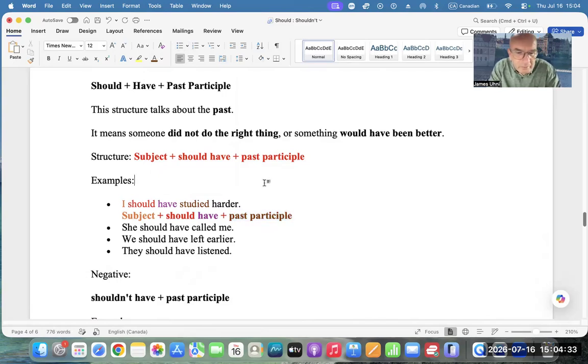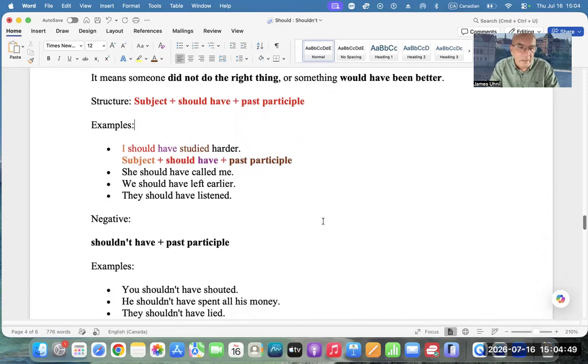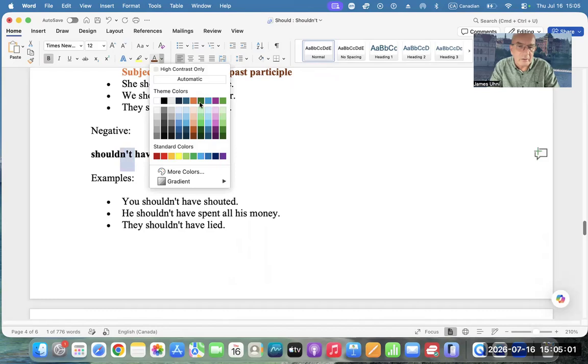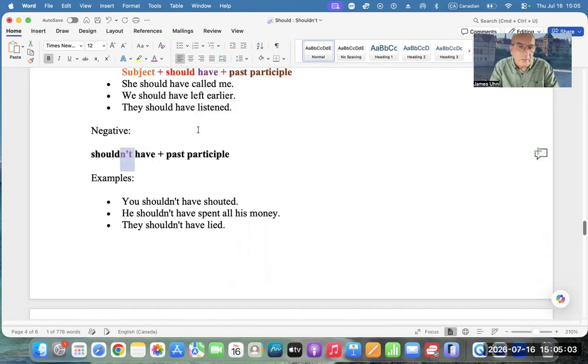Harder is object. All right? So this is when it comes to should have plus past participle. In negative forms, we have shouldn't have plus past participle. So there is only this part, and I will make it pink like I always did in previous examples.